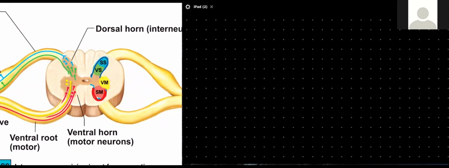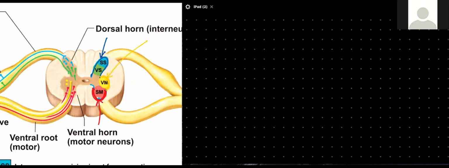And only in the thoracic region, you've got the lateral horn. So again, throughout the spinal cord, you've got a dorsal horn, a ventral horn, and only in the thoracic region, you've got the lateral horn.